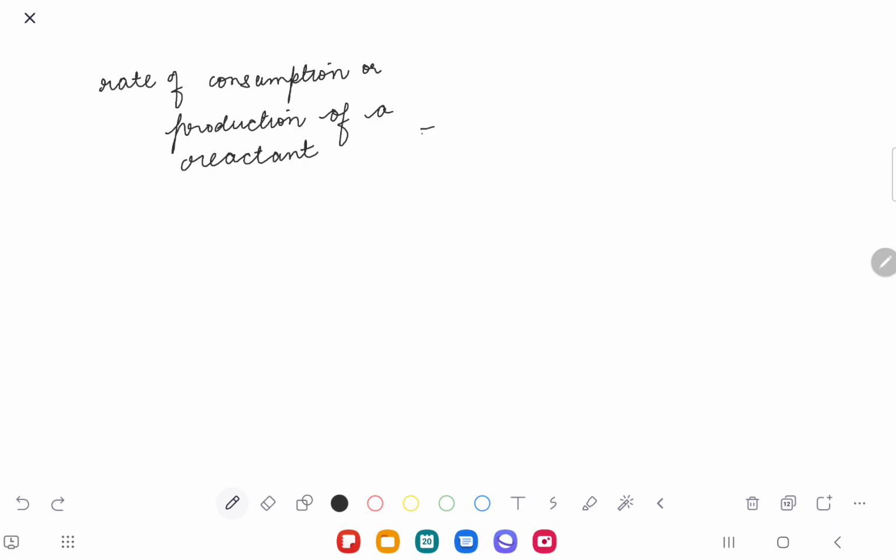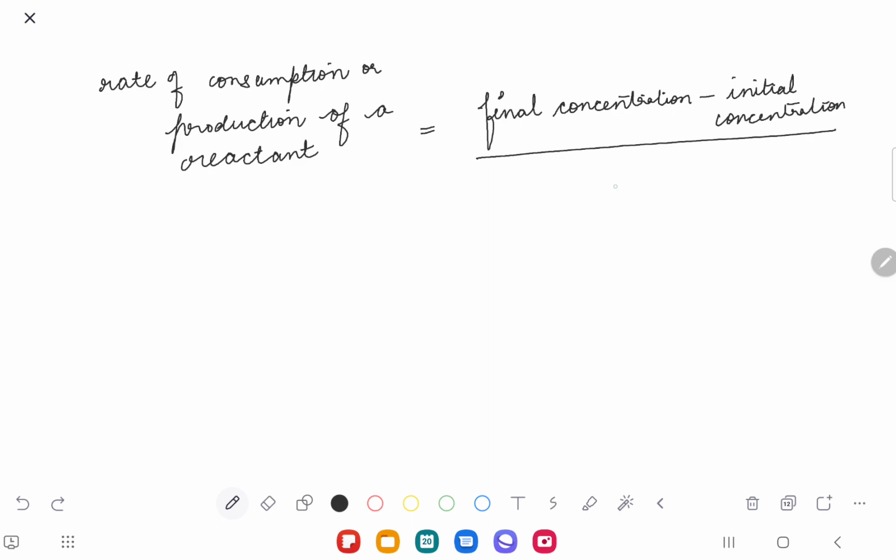That would mean what, Shruti? That would be the final concentration minus the initial concentration over time. Whatever change has taken place, in how much time has this change taken place? Are you understanding?